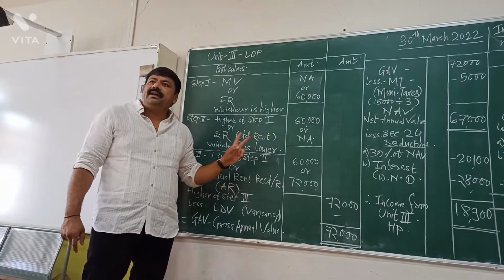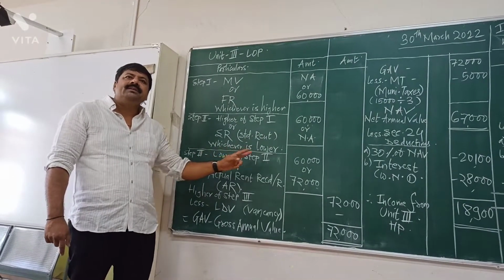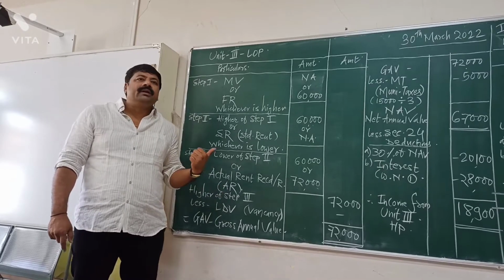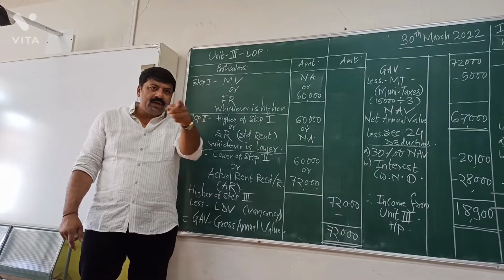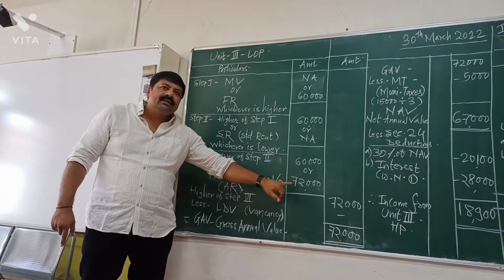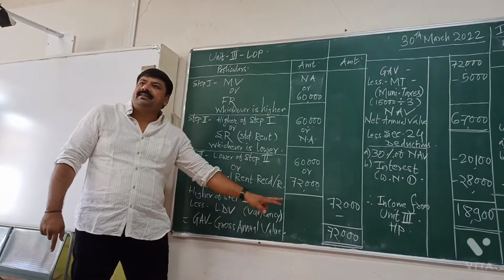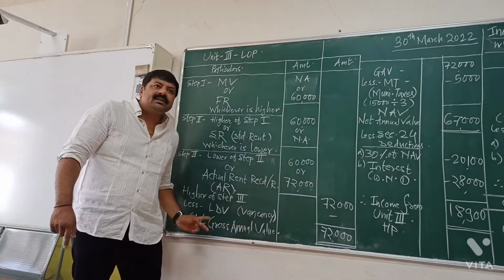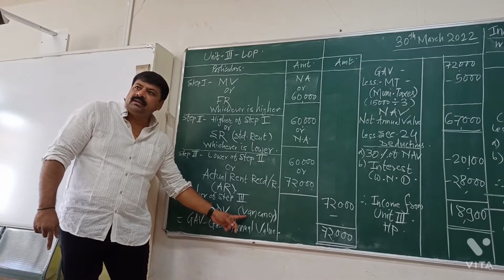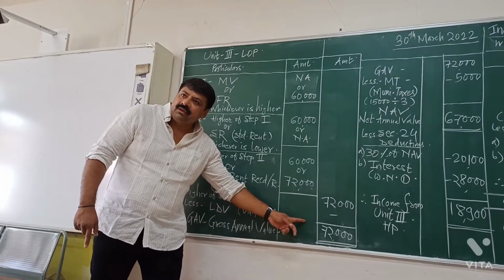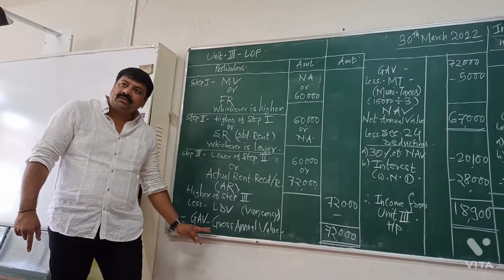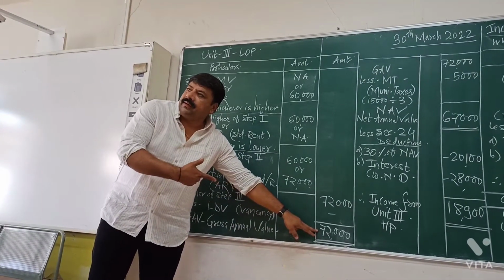So naturally I will take the lower of step 2, 60,000 or the actual rent received from unit 3, which is given to you as 72,000. Clear? So 72,000, whichever is higher, is 72,000, less loss due to vacancy. There is no vacancy loss given, so I'll take it nil. So the final gross annual value, GAV, is 72,000.